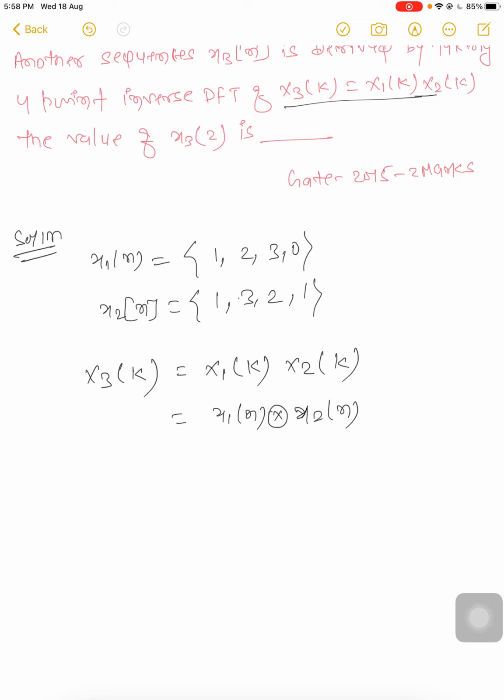We have to find out the circular convolution of x1 n and x2 n first of all. For circular convolution, both signals are given, so you can find it in matrix form.